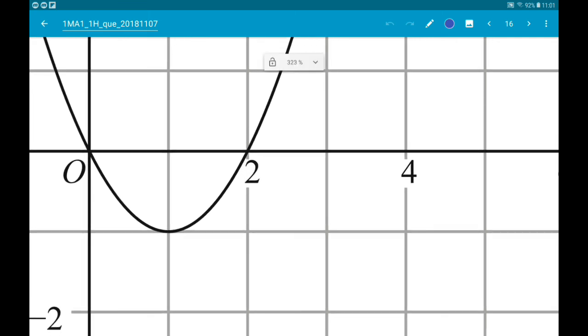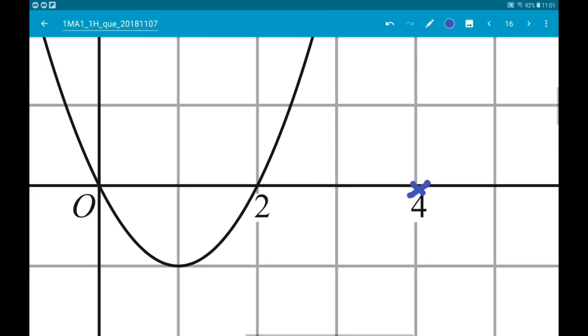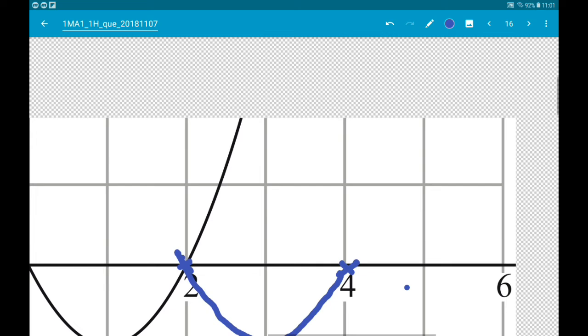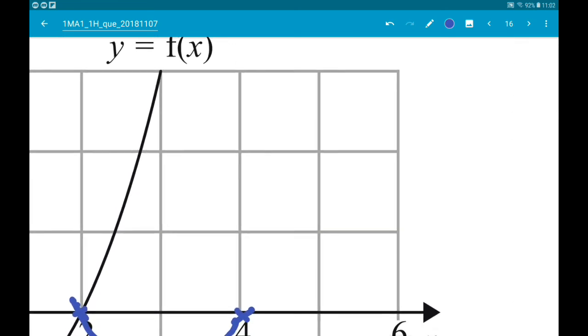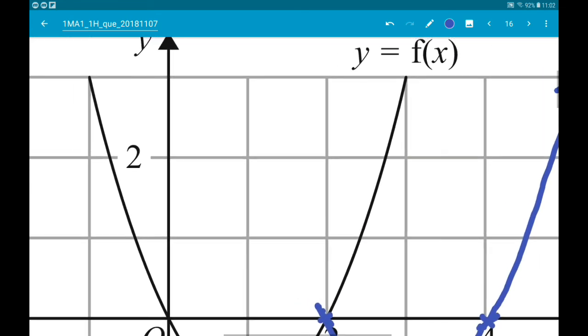So, we are going to have an x-intercept at 4, an x-intercept at 2, so then the bottom of the graph is going to be at 3, and then the top point on the right is going to be 2 to the right, so that, and then top left of the graph, it's going to be that.